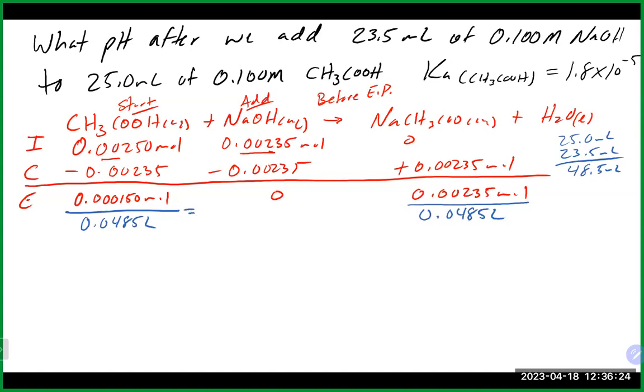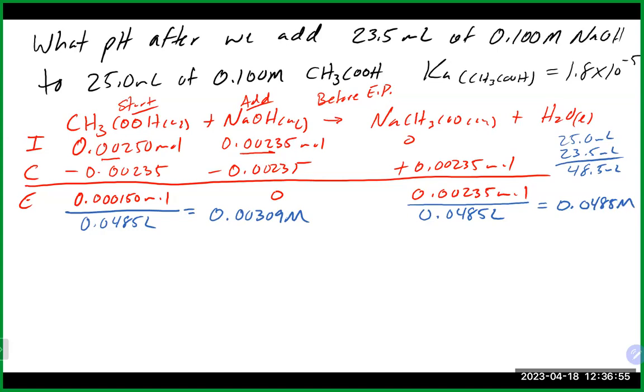That is going to get us 0.000150 divided by 0.0485, which gives me 0.00309 molar, and 0.00235 divided by 0.0485, which is 0.0485 molar. Any questions on that there?